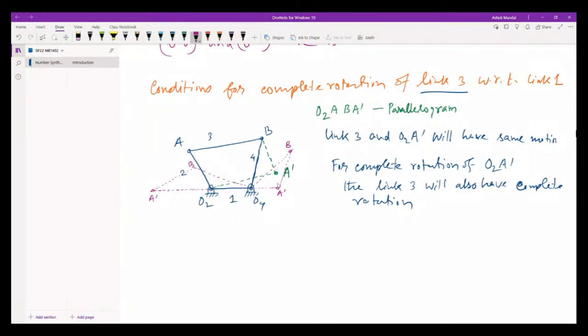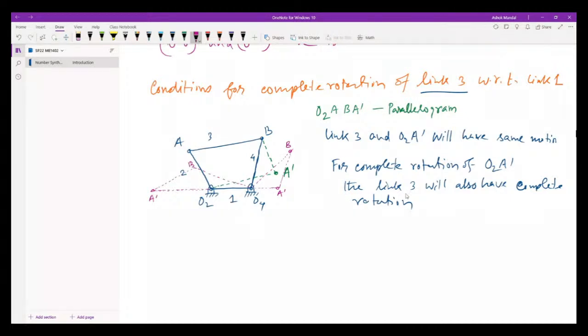Two extreme configurations with A dash. Since AB will have similar motion with O2A dash, that is why we have not drawn it. Just now we have drawn this configuration of O2A dash B O4. We want to find out complete rotatability of O2A dash. What is the condition? And the same condition will be applicable for complete rotatability of link 3.